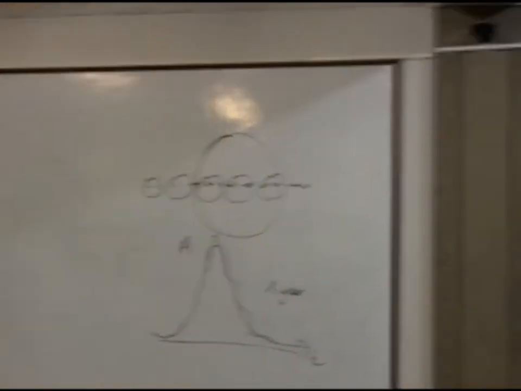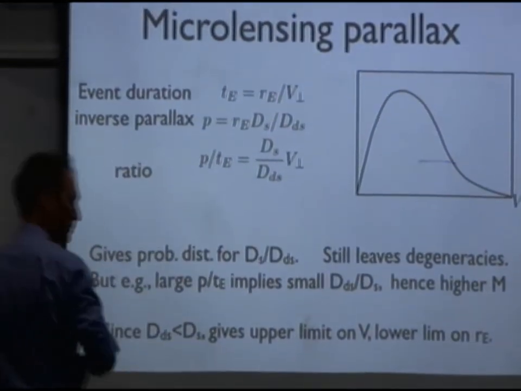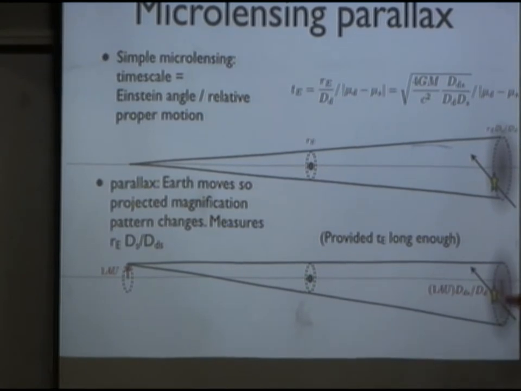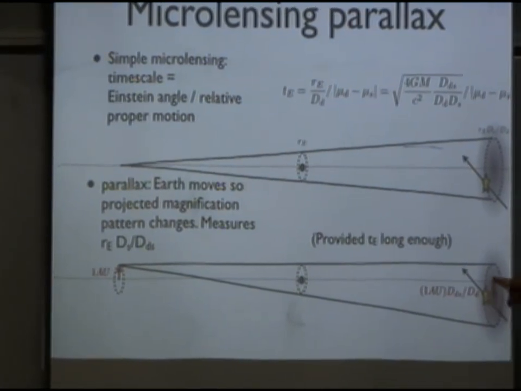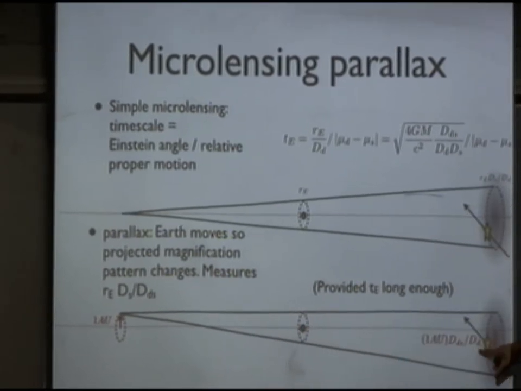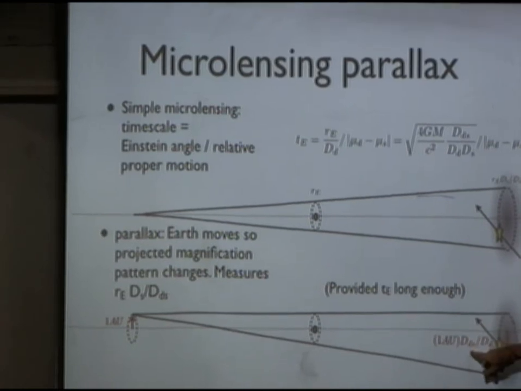And there's examples. Let's imagine that you can measure this thing. If you can measure it, what you see is effectively in the image, in the source plane, you're measuring this combination of the distances. You're measuring our parallax multiplied out to the scale in the image plane. So that's 1 astronomical unit times DDS over DD.